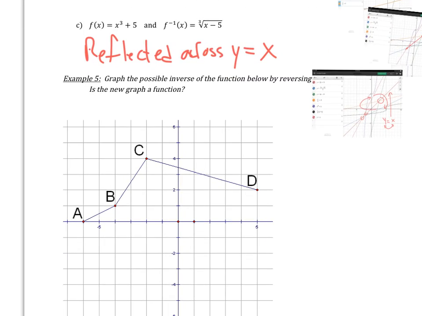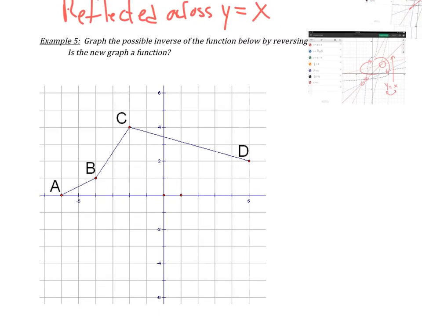That's useful to know. If we have a graph and we want to find the graph of its inverse, so here we have some funky looking graph, we're going to take these points and reflect them across the line y equals x. When we reflect, we go perpendicular to the line and straight across.